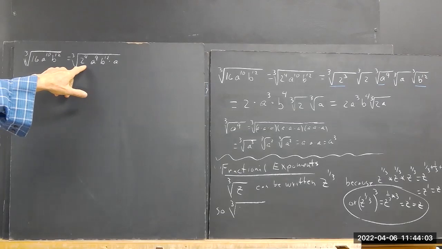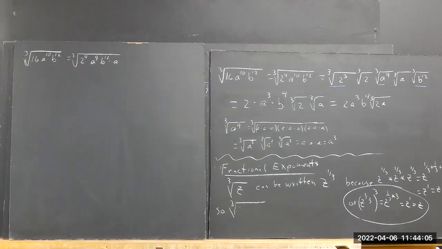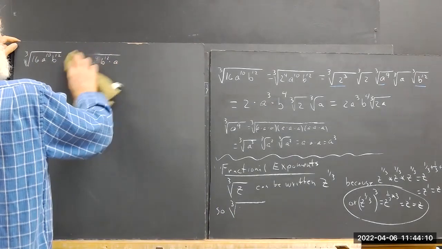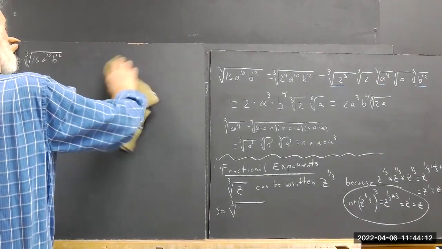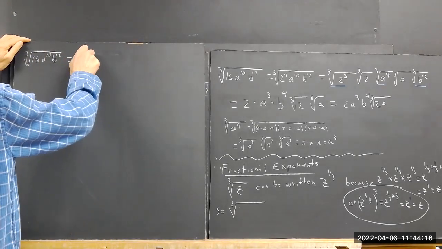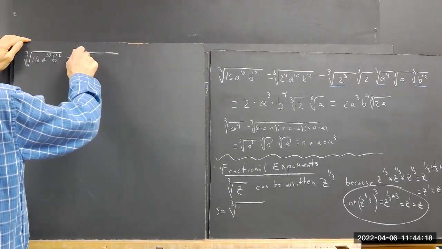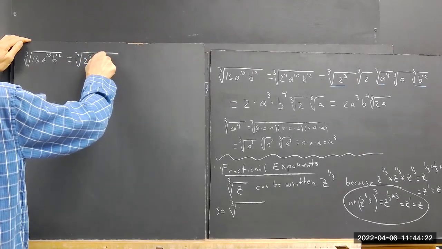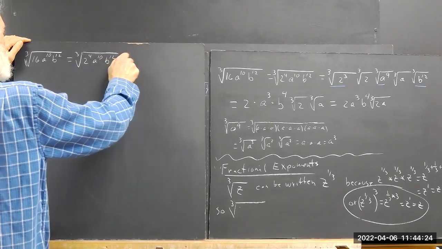First thing I'm going to do, I'm going to write this. I didn't do 2 to the 4th, I'm sorry. Let's do it in 2 steps. 2 to the 4th, a to the 10th, b to the 12th.